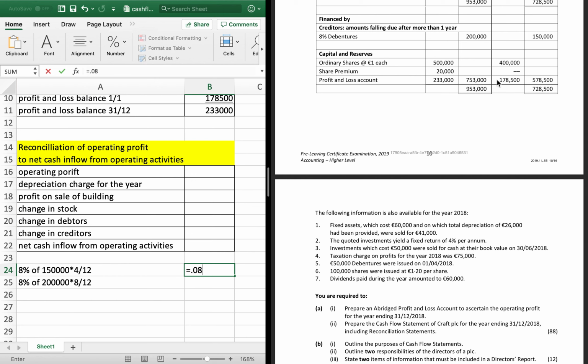You've seen that loads of times in question ones. So that'll be 12,000, I think. 200,000 by 12, that's wrong. I'm going to have to assume that number is wrong. Just bear with me for a second.